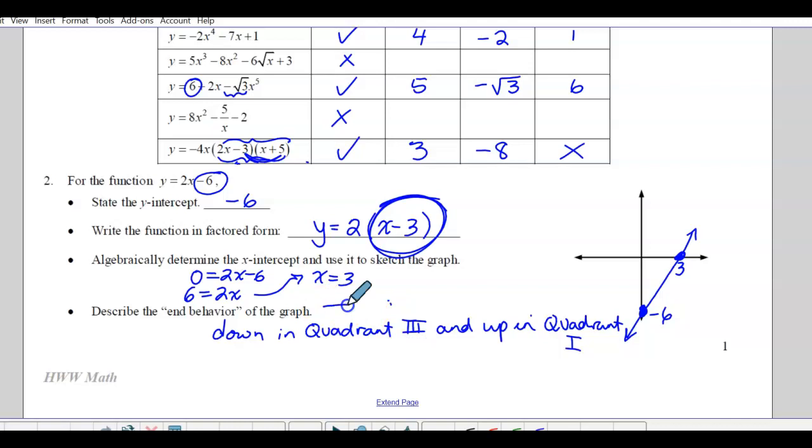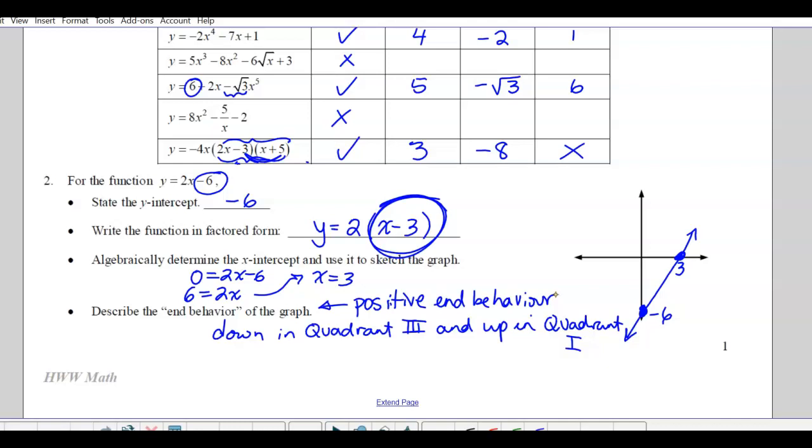Sometimes we might even just, this is more descriptive, you might say it has a positive end behavior. So write that in as well. Because at the far end, the graph is going up, which is the positive direction, up and to the right. Okay, so it's positive end behavior. Because it's linear, it has to go in opposite directions.